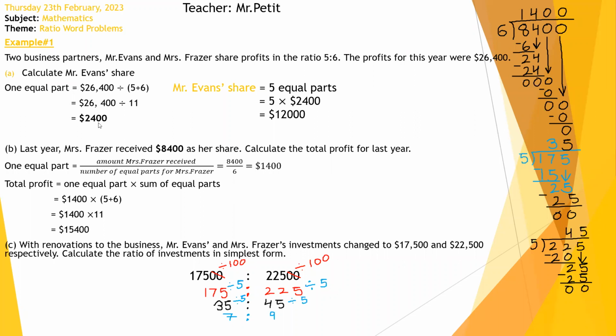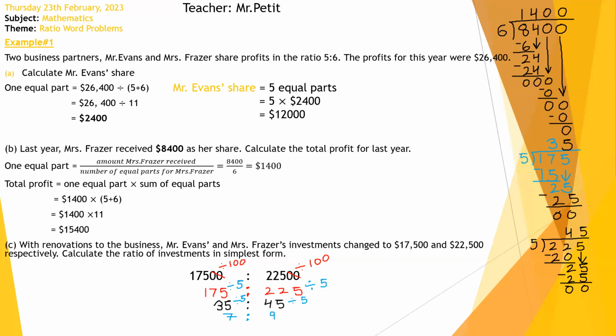So we got 2,400 by dividing 26,400 by 11. Now that we have the equal part, we're going to find Mr. Evans' share. He has 5 equal parts, so instead of dividing by 11, we're going to multiply 2,400 by 5, which gives us 12,000.